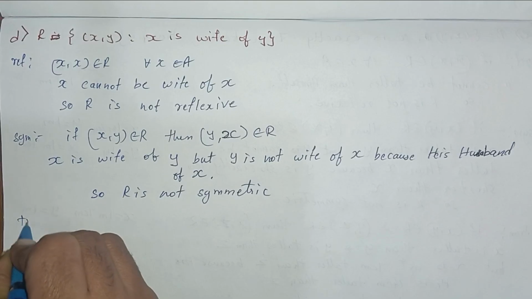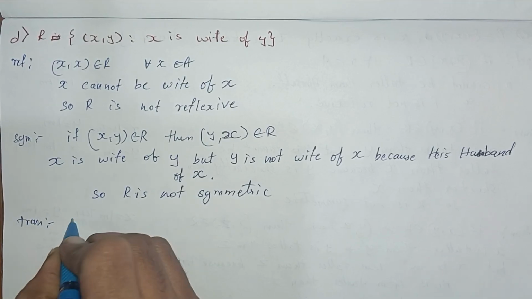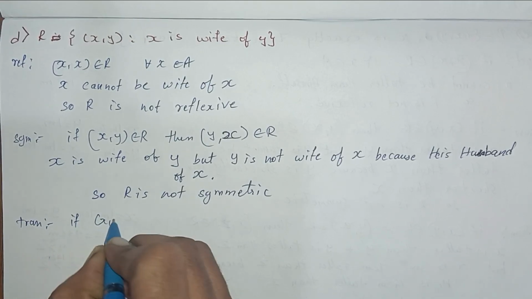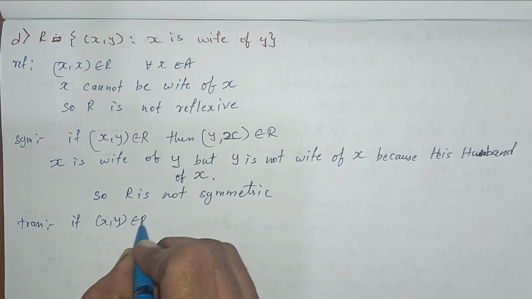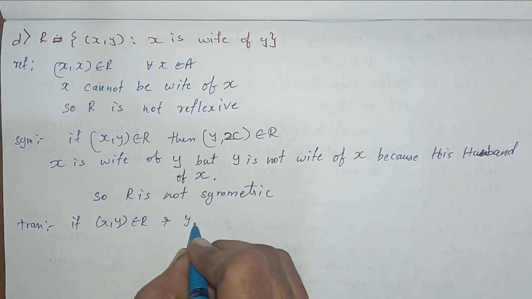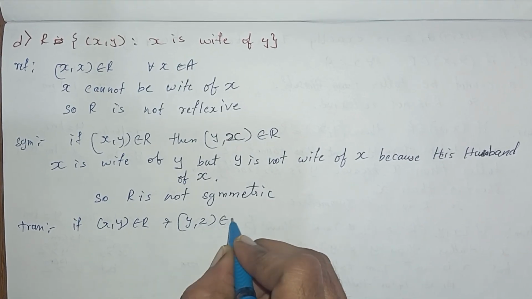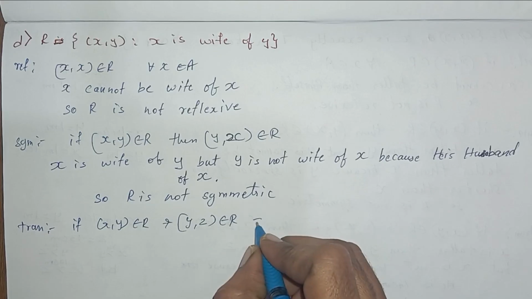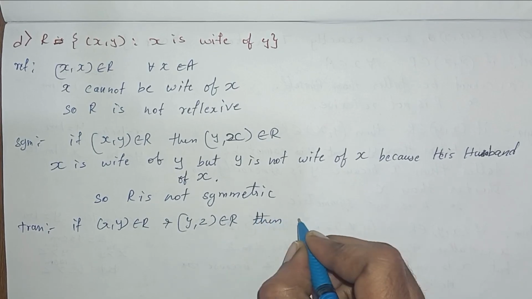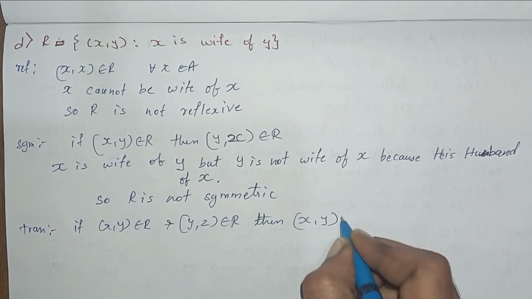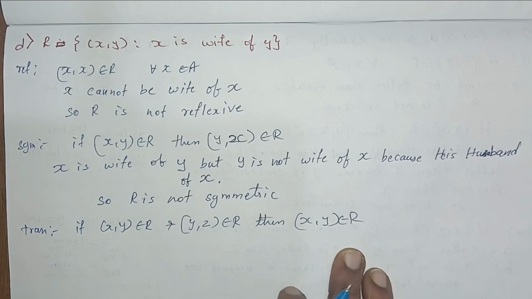Now we have to check for the transitive. So if x comma y belongs to R and y comma z belongs to R, then x comma z should belong to R. So we have to check for this.